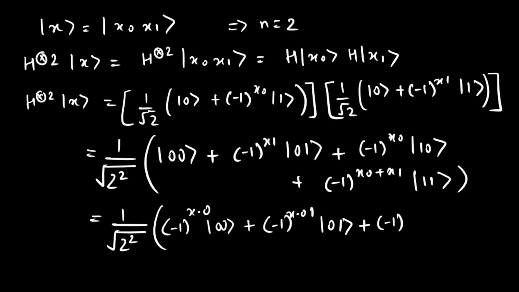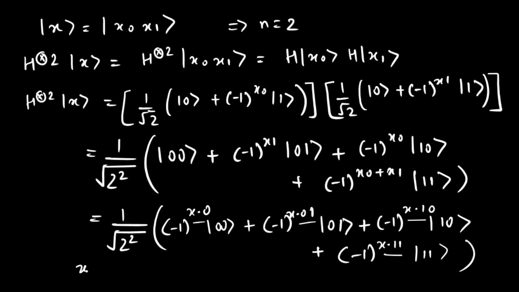Likewise, x0 can be written as x dot 1 0, for the state 1 0, and x0 plus x1 can be written as minus 1 raised to x dot 1 1, for the state 1 1. Now these are the dot product operations. For example, x dot 1 0 is x0 into 1 plus x1 into 0, which would be equal to x0. Therefore, x0 can be written as x dot 1 0. I hope you got this general way of writing this expression.